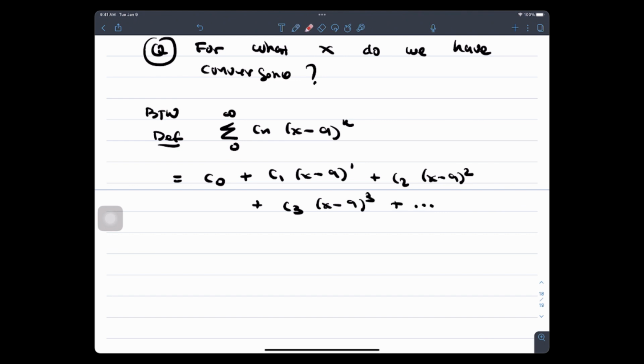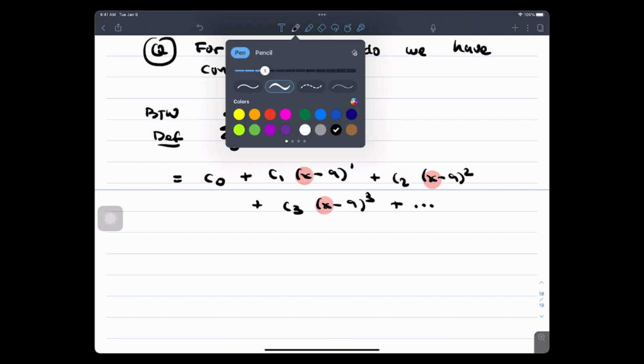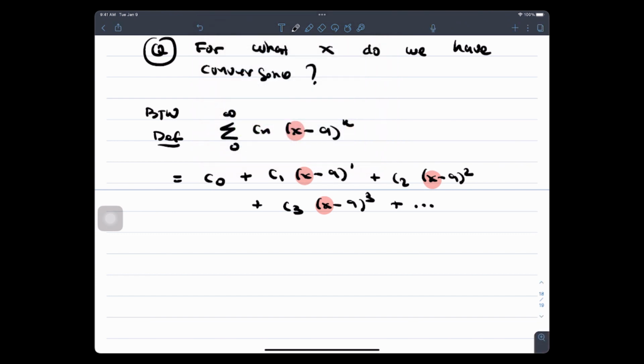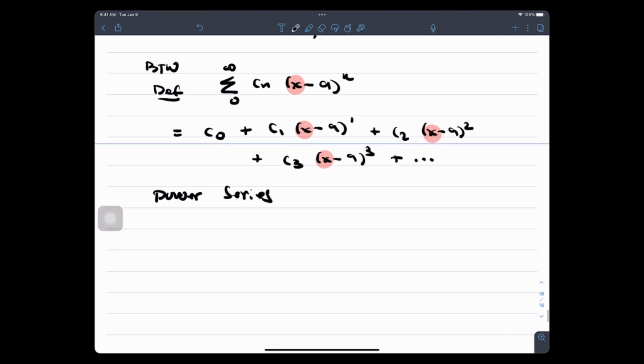That'll go on forever. You still get the variable there, but this is now a power series about the value a. It involves the variable x, but sometimes they say it's a power series about a or around a. A is a constant. And we've already seen those.